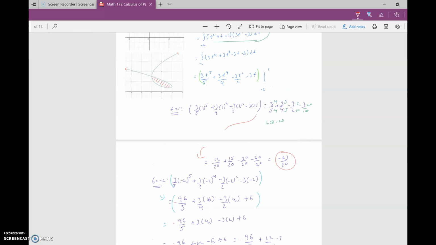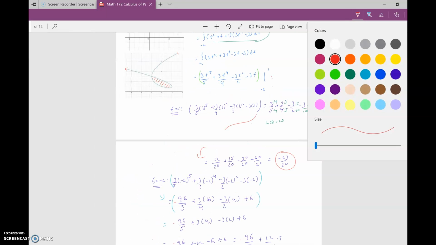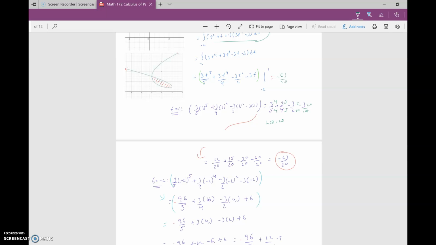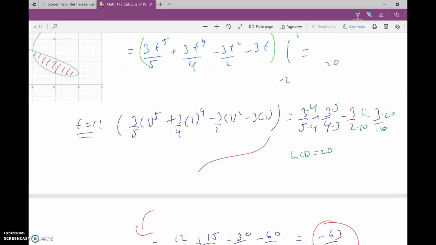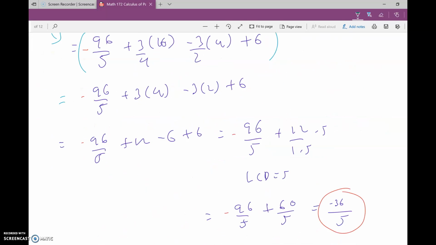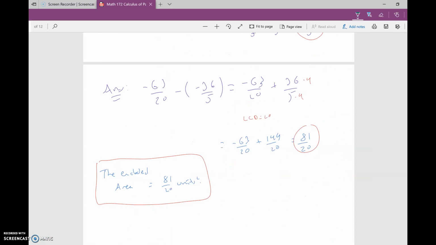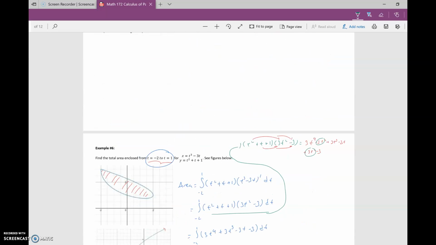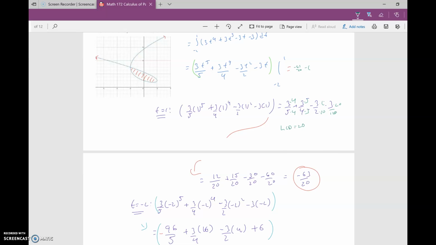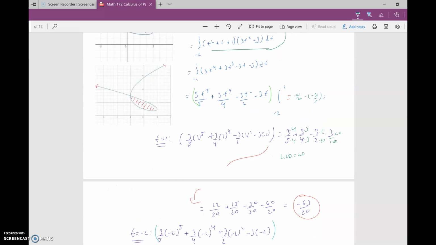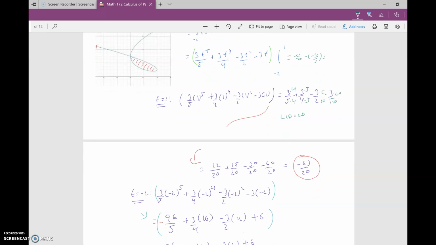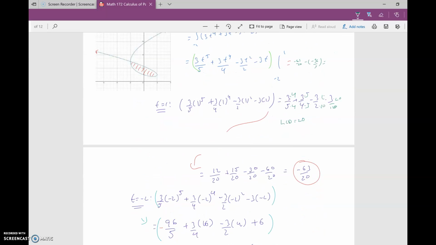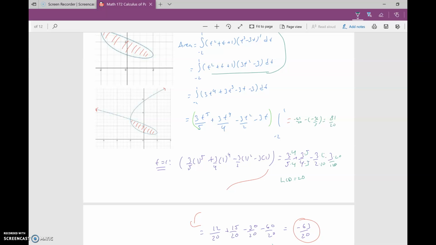So the messy integral ends up simplifying to negative 63/20 minus the negative 36 fifths, which ends up being a final answer of 81 20ths.